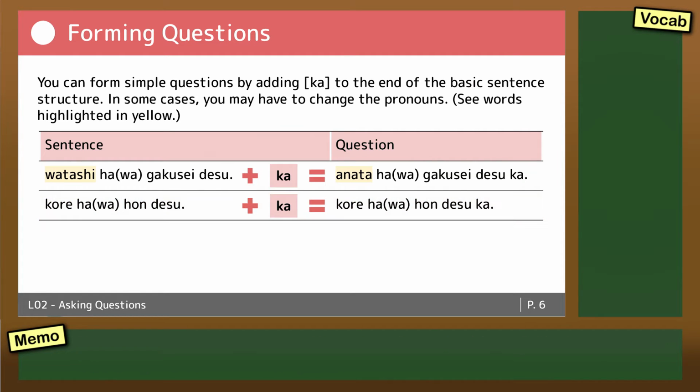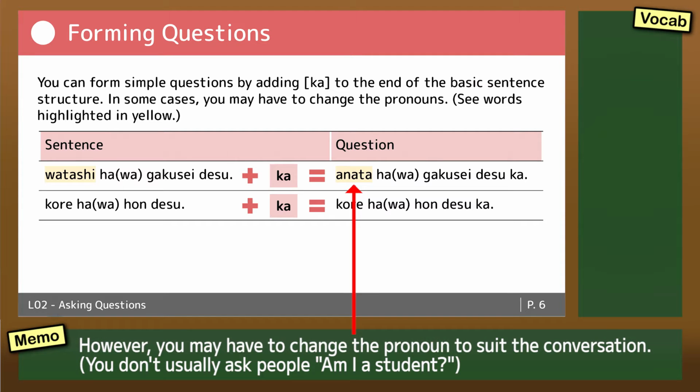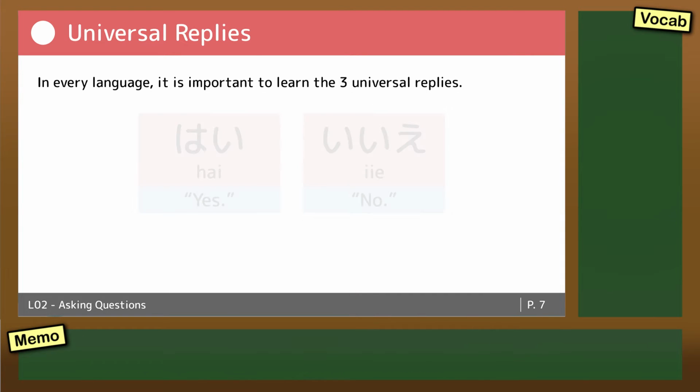However, take note that you may have to change the pronoun to suit the nature of the conversation. Well, it will be unusual to ask 私は学生ですか? or am I a student? in conversations, right?